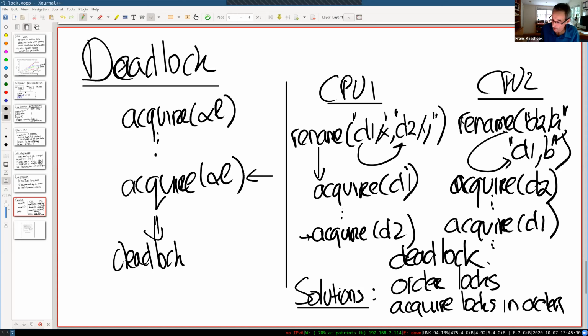That means that when we execute a rename, the rule of life is we always acquire the lower numbered directories first before we acquire the higher numbered directories. That will ensure there's a global order, and this particular case just cannot happen, because both CPUs will acquire the locks in exactly the same global order, D1, D2, and then we don't have this deadly embrace.